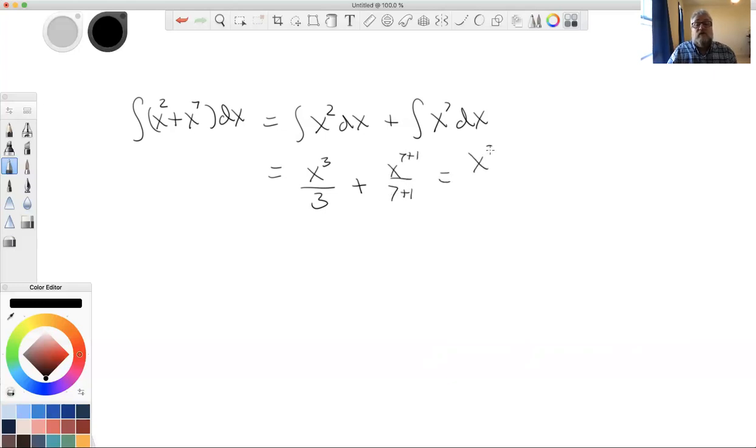So this is x cubed over 3 plus x to the 8th over 8 plus our integration constant. In fact, each one of these gives us an integration constant that all gets jumped together into here as one big blob. We don't know what it is. There's a way to find those, and sometimes those are very important. But we don't care right now.